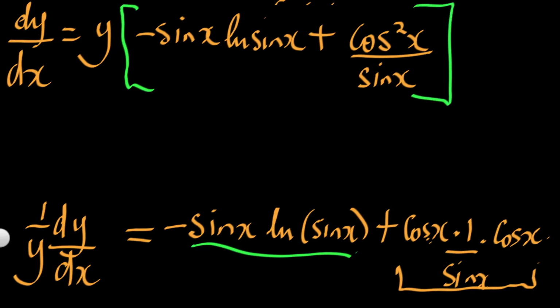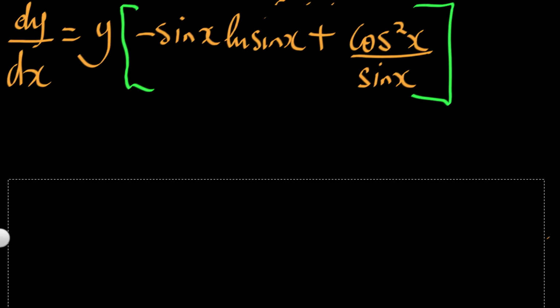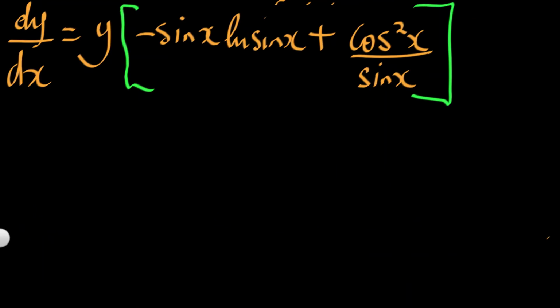Everything that I have written here is legal. It is correct mathematics. But we know our y, which was our original question, by the way. It is sine x to the power of cos x. So we have to replace the y by sine x to the power of cos x, which is the last part of this question.